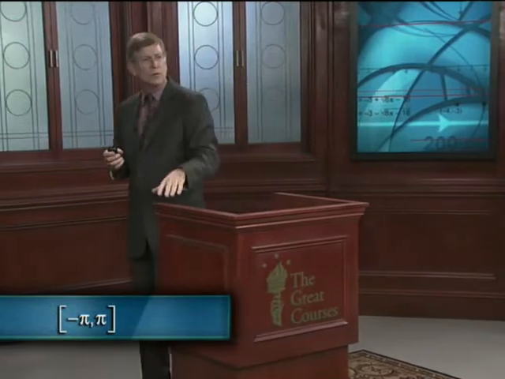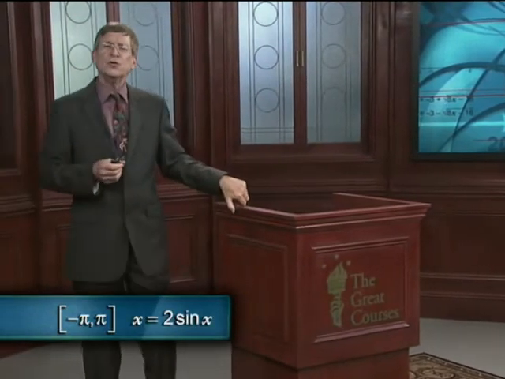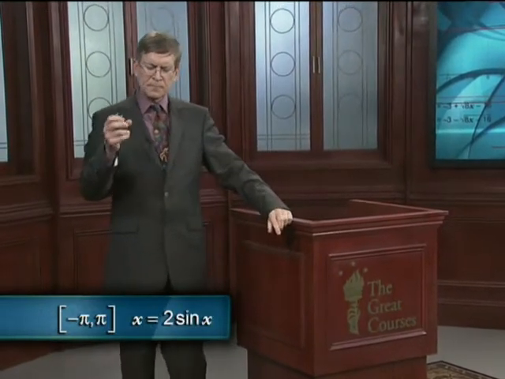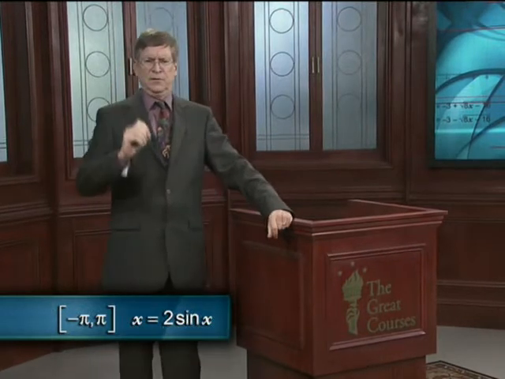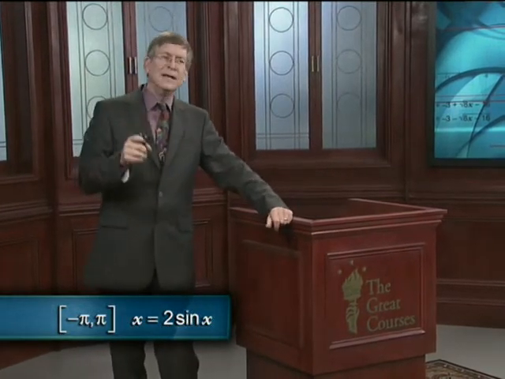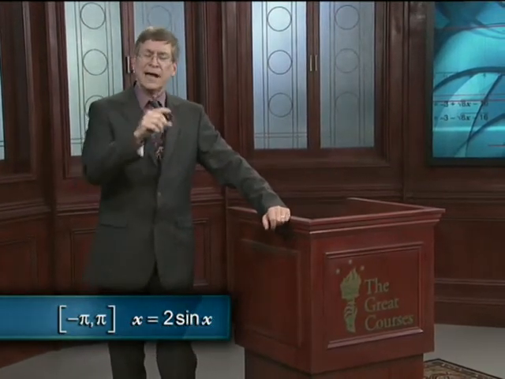And the equation will be x equals 2 sine x. So I want to know all x values such that x equals 2 sine x. Now you might try to solve this using some trig identities and logarithms and I don't know what else. Trust me, you cannot manipulate this equation to get it to look like x equals blah, blah, blah.